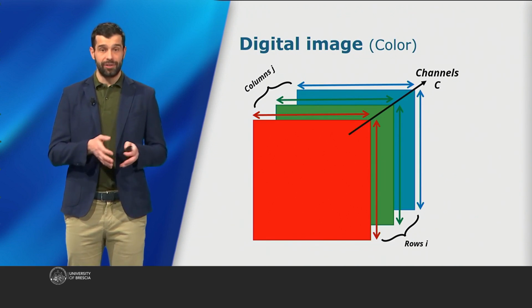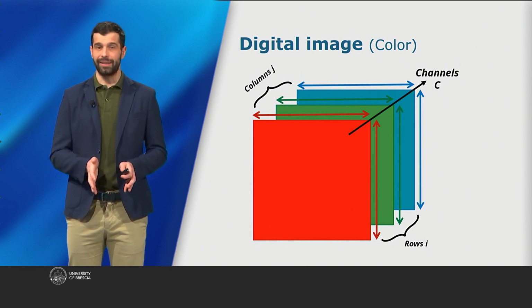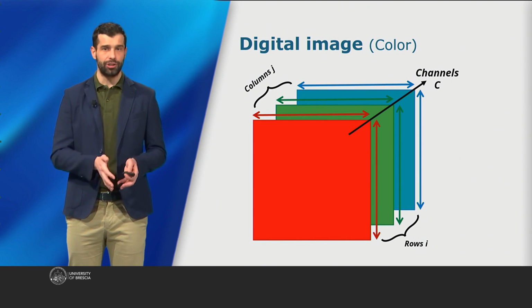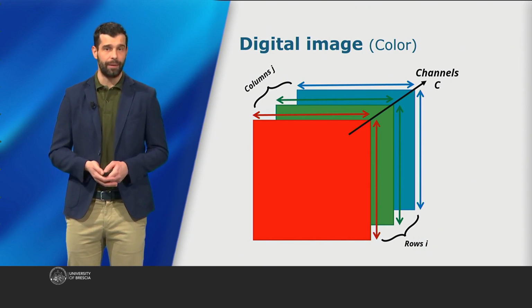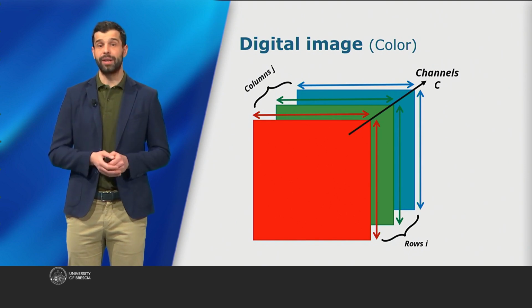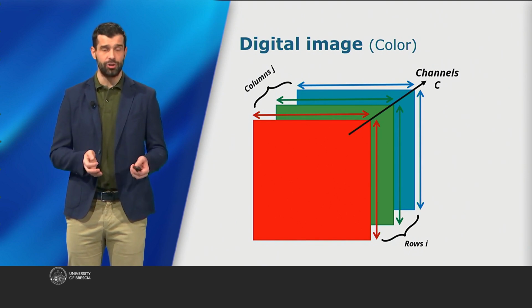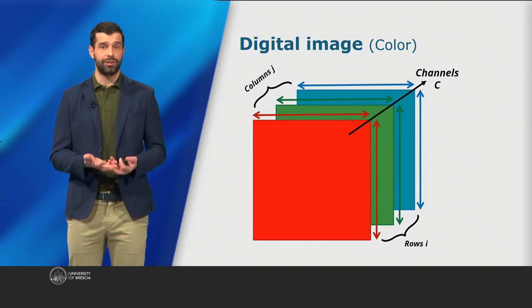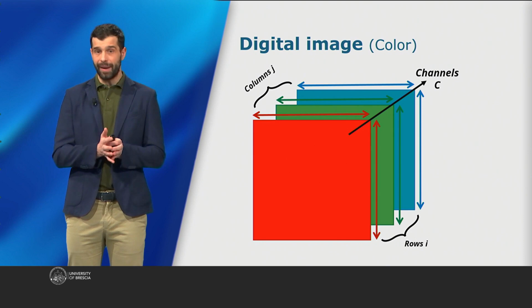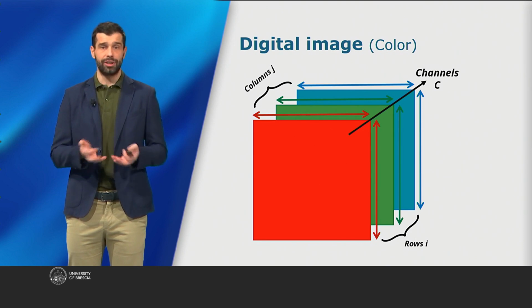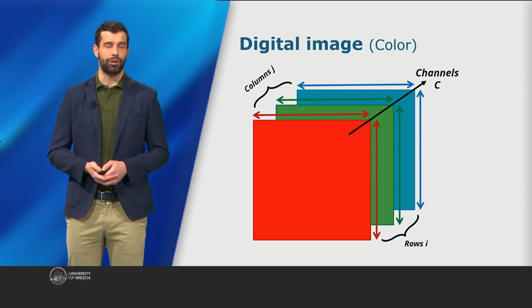The spectrum is divided into 3 parts. We haven't said how yet, and 3 images are created, meaning 3 matrices with the same number of rows and columns as the sensor inside the camera. The value inside each cell of each of these matrices will correspond to the brightness value of the light hitting that particular pixel. By finally overlapping these 3 matrices, I will get the actual color image.